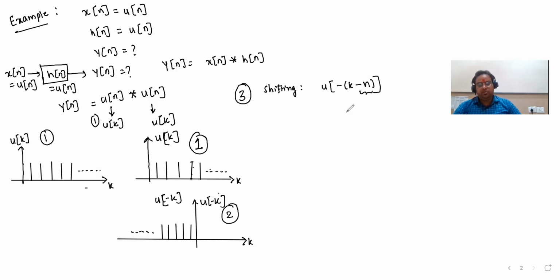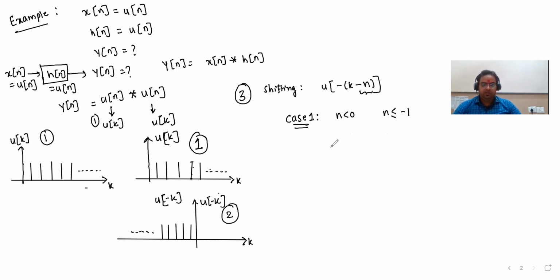So in this case also, you can see that if I define a case number 1, where n is less than 0, which means that in the discrete sense, it becomes n is less than or equal to -1. Okay, so n is less than or equal to -1, you can see here. So in that case, what is going to happen?